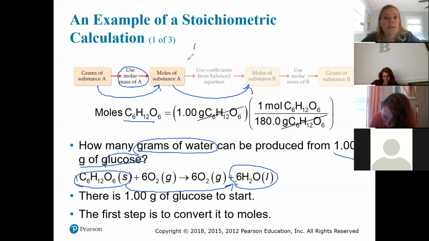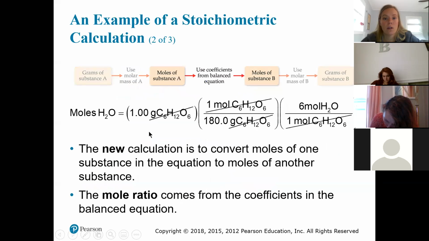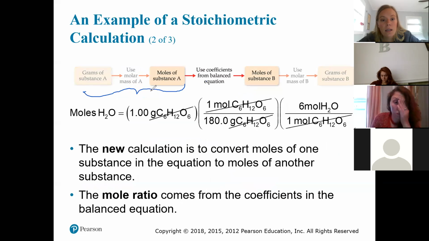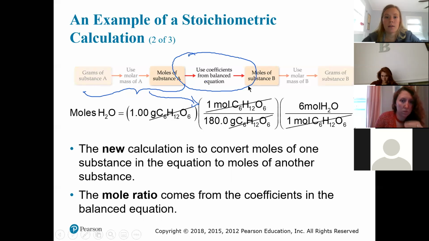So moving on to the next step, and it'll carry this over, I believe. Okay, so now we're moving into that second step. This here is the magic stoichiometry. This is happening right here.